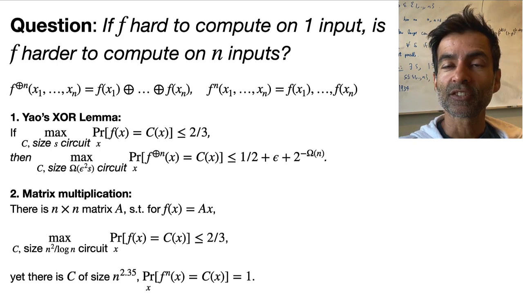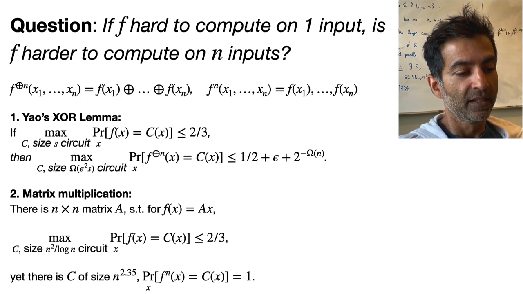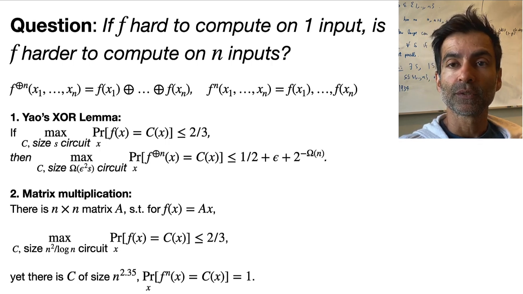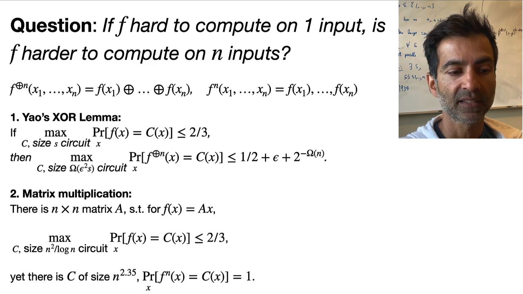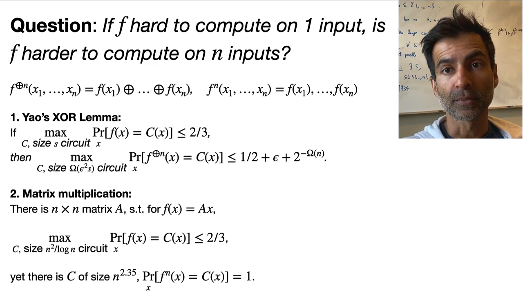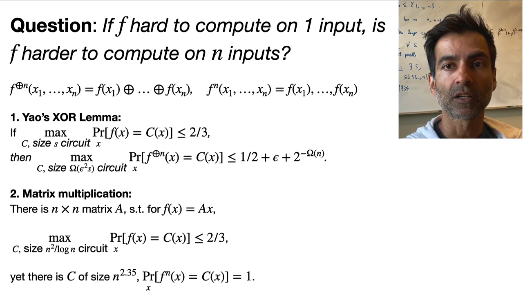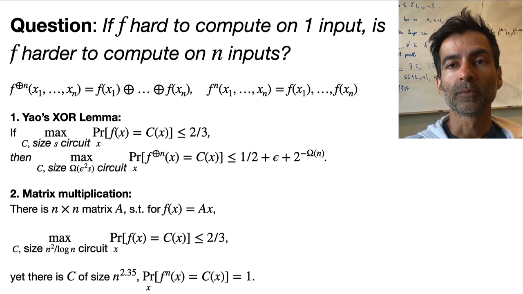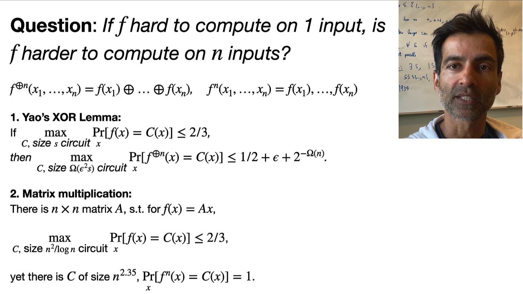And another interesting example comes from the algorithm for matrix multiplication. It's easy to show that there is an n by n matrix A such that the function f of x, which is equal to A times x, is hard to compute, in the sense that every circuit C of size roughly n squared over log n will have probability of success in computing f that's bounded away from 1.